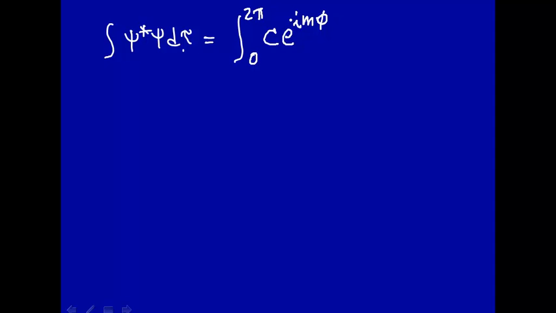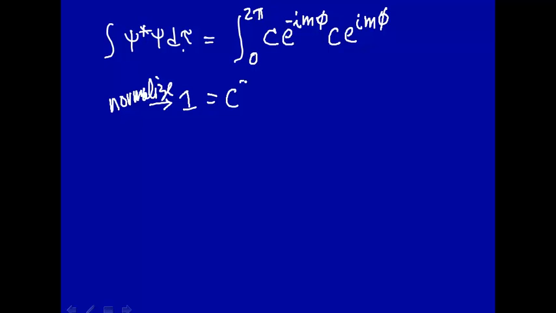So now we're going to take a complex conjugate, so that puts a minus sign there. And then psi will be c e to the i m phi. All right, so let's take out c squared, and this has to equal 1 for normalization. We want to normalize, meaning the integral of all probability density times all volume should be equal to 1.